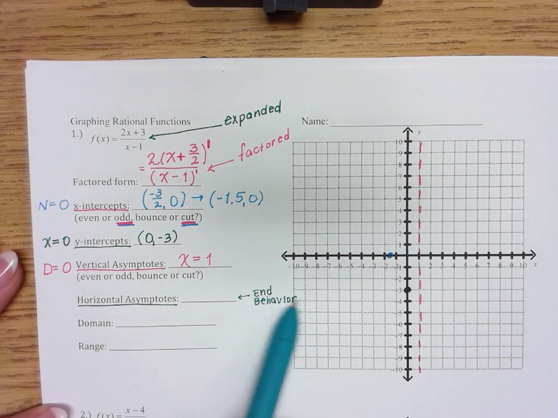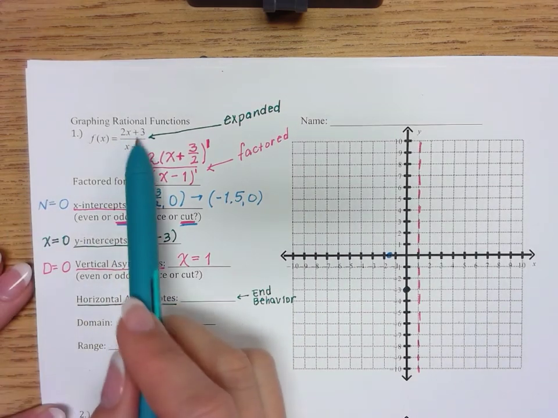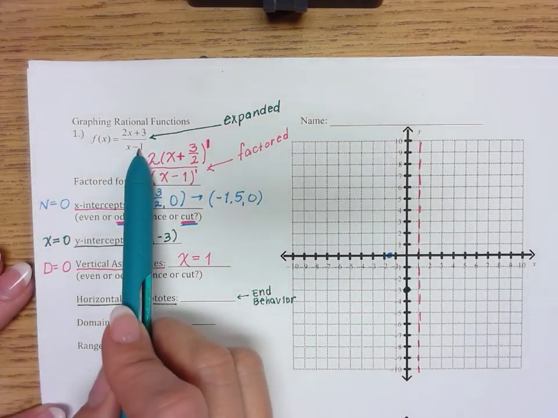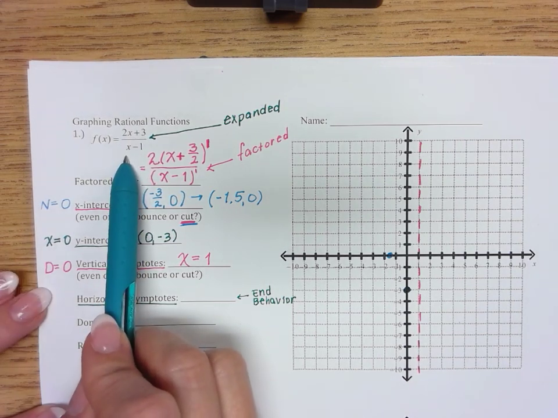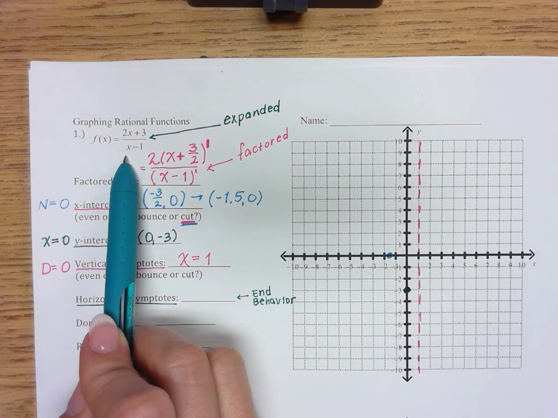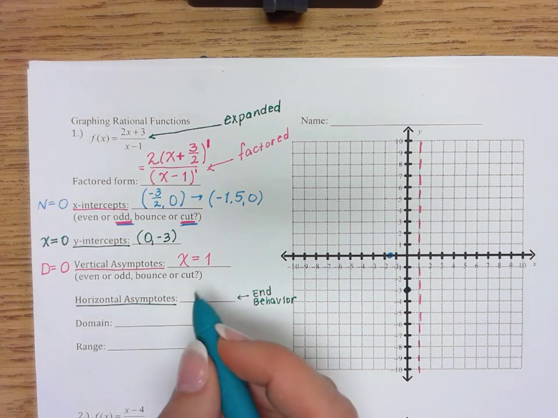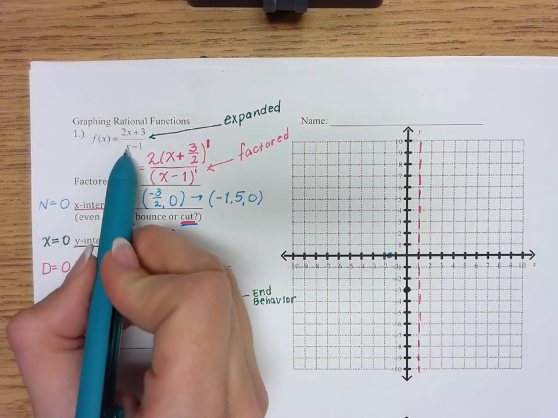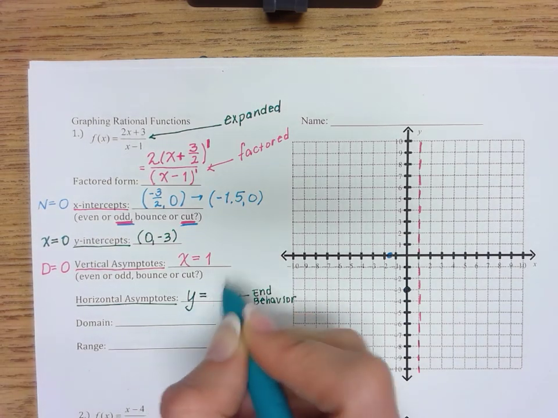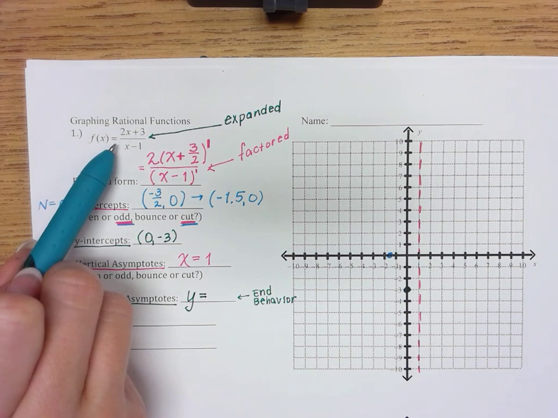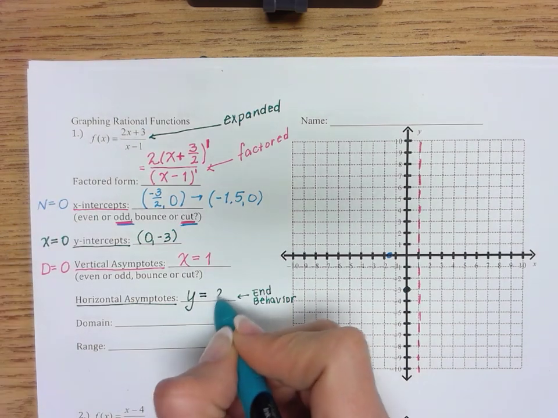End behavior means at infinity or negative infinity. The plus 3, the minus 1, they're not going to have a big impact. My leading term, 2x over x, that's what's going to have the big impact here. Now, 2x over x reduces to just 2. When the powers are the same on top and bottom, your horizontal asymptote is at y equals 2 over 1 in this case, so y equals 2.